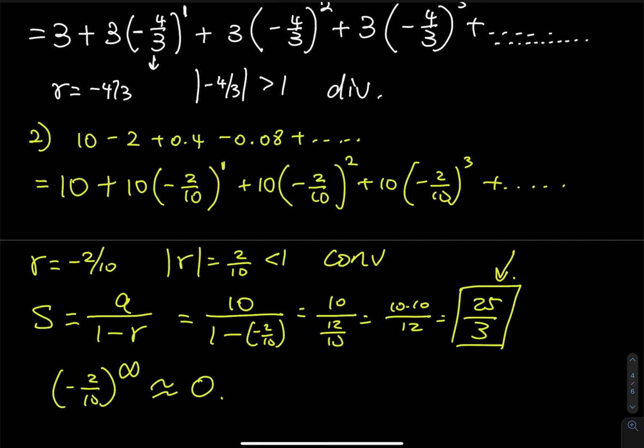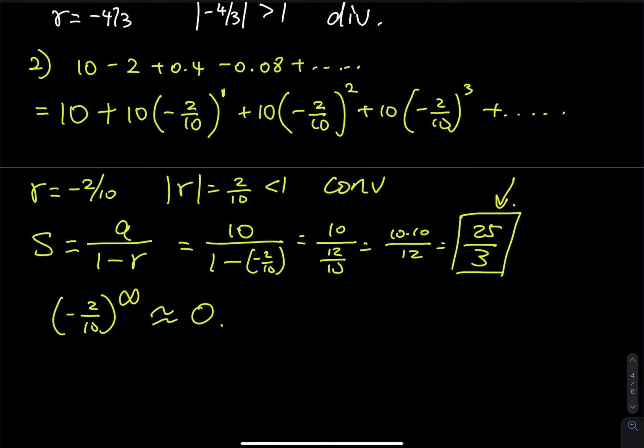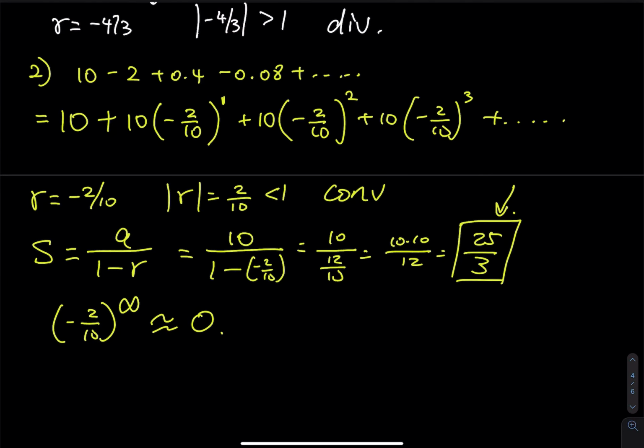Even though you are adding up many numbers, the last bunch of numbers are just all zeros, right? So the sum is really determined by the first couple terms. When you get to the last few terms, they are all 0. I don't care. So that's why this is convergent.